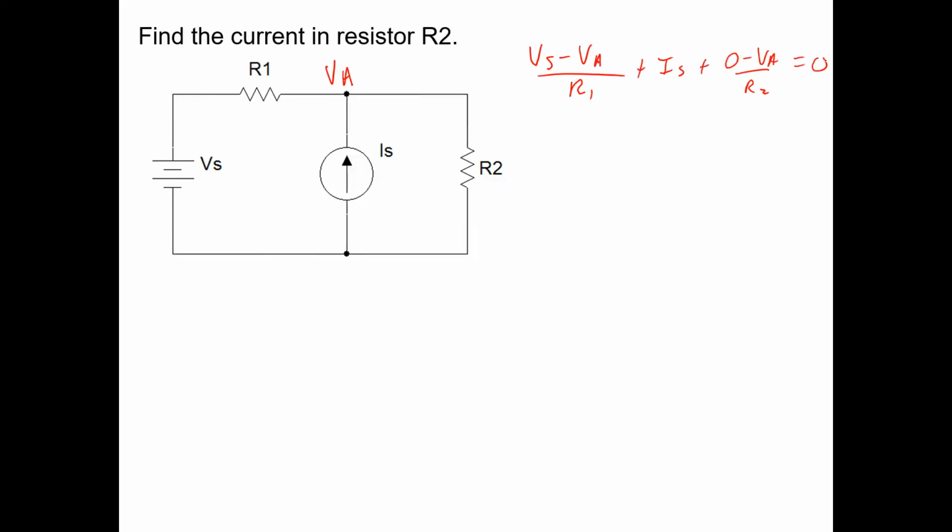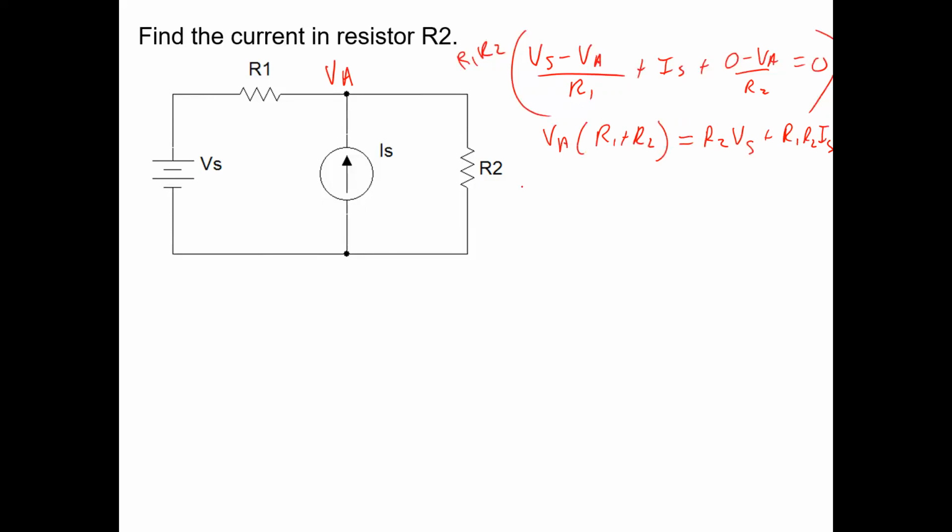And you can get common denominators. If you multiply this whole thing by the product of R1 and R2, you'll get Va times (R1 plus R2). We're kind of jumping ahead here, skipping some of the grinding algebra. That's going to equal R2 times Vs plus R1 R2 times Is.